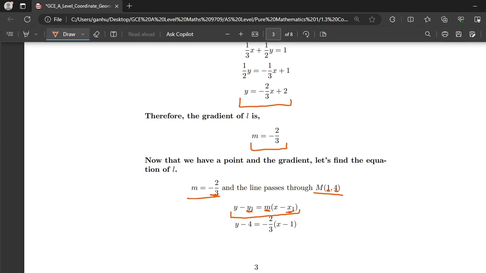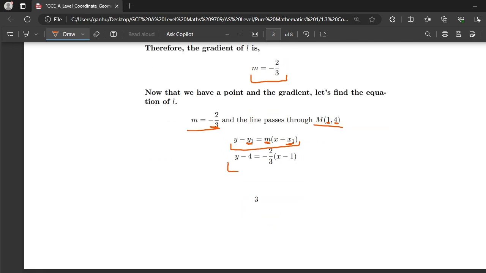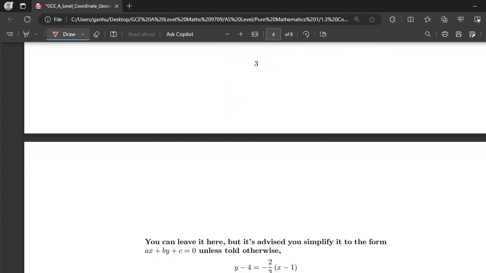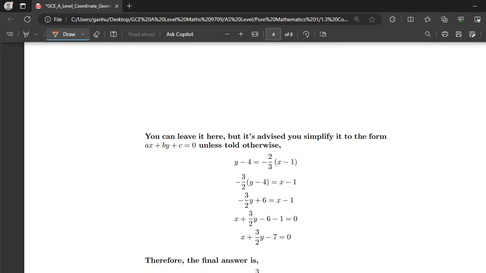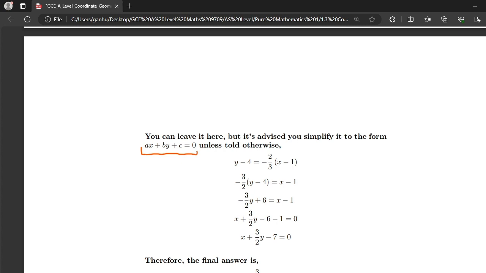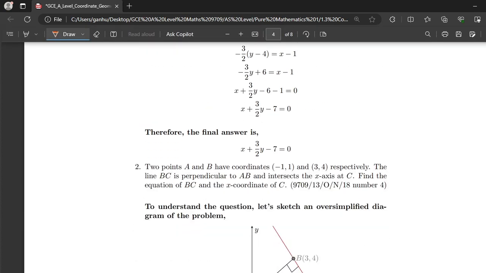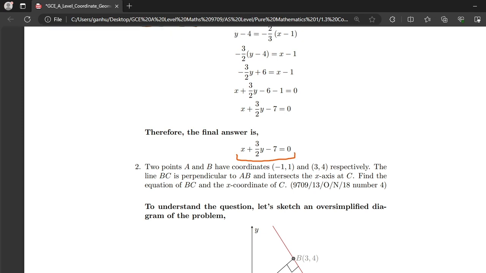We substitute that and we get y minus 4 is equal to negative 2/3 times (x minus 1). Now you can leave it exactly like that, but I would advise you to simplify to the form ax plus by plus c equals 0. Then you end up with the answer x plus 3 over 2 y minus 7 is equal to 0, and that's the equation of our line L.